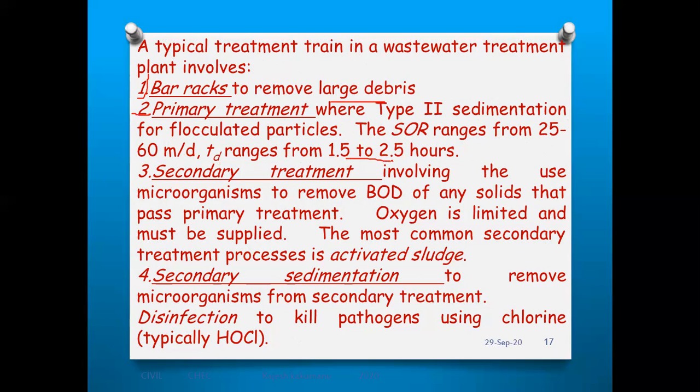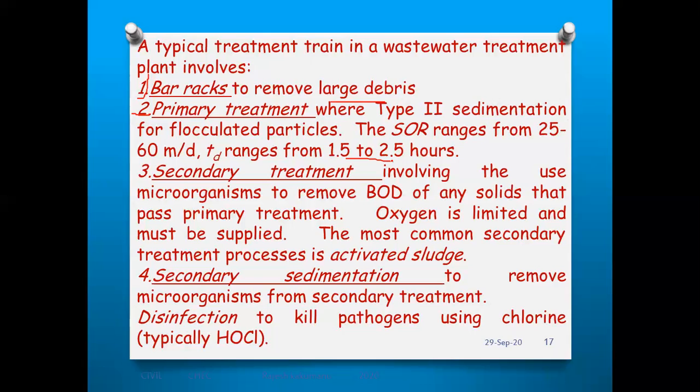And what is the third point? Secondary treatment involves microorganisms to remove BOD. It involves the use of microorganisms to remove BOD from any solids that pass primary treatment.